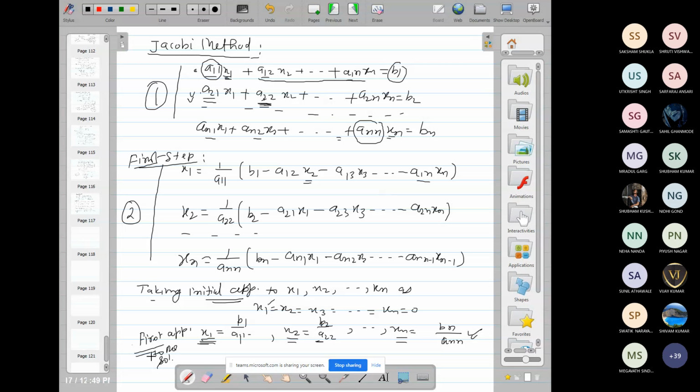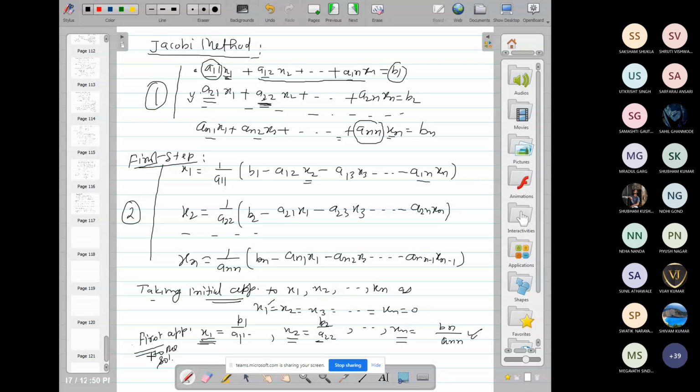So now compare these value of x1 x2 obtained from 4th step and 5th step. If the value of x1 x2 xn are correct up to required number of digits, suppose we want to find the value correct to 3 decimal place, so check these two value. If these two value are correct up to 3 decimal place, then stop the iteration.